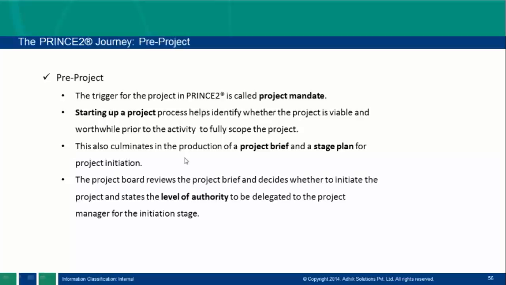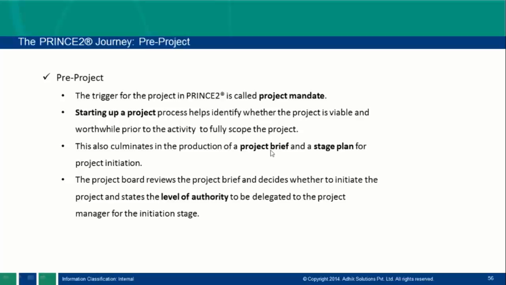So this also culminates in the production of the project brief and a stage plan for project initiation, right? So after this mandate, we will refine the mandate and then create a project brief. In this project brief, we will put what the scope is, what my objectives are, what constraints, what assumptions, time, right?